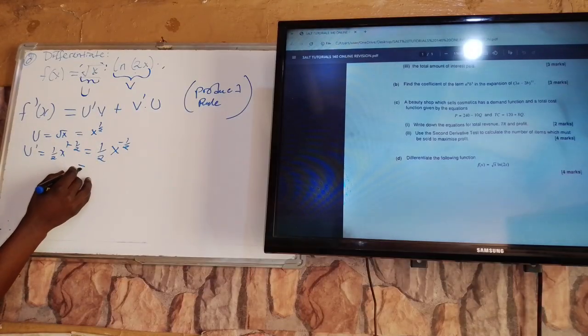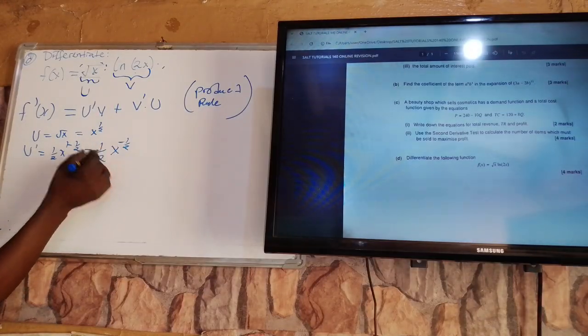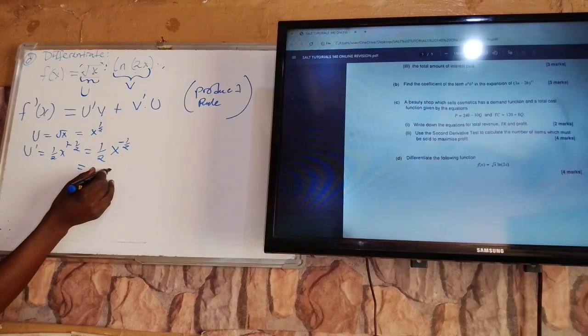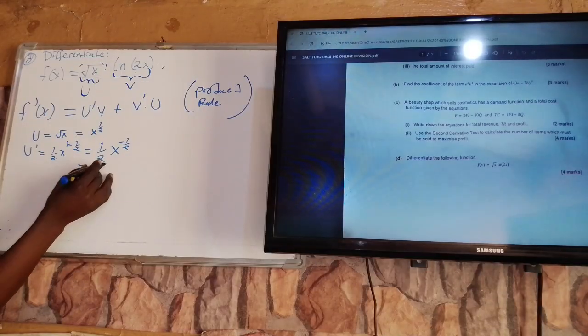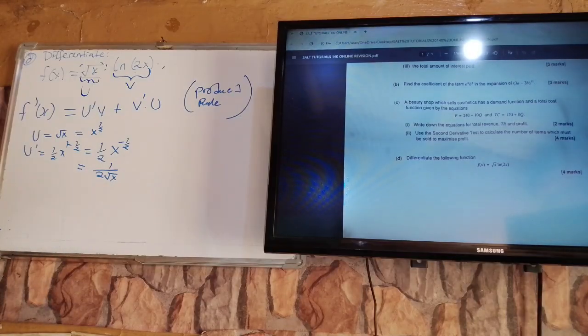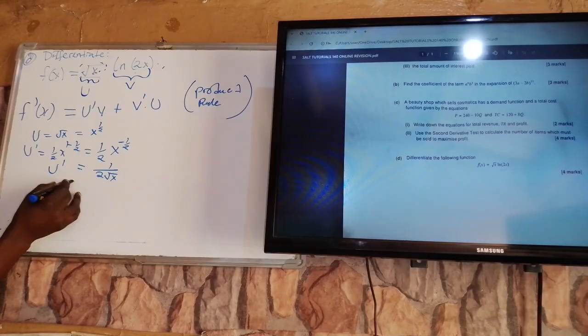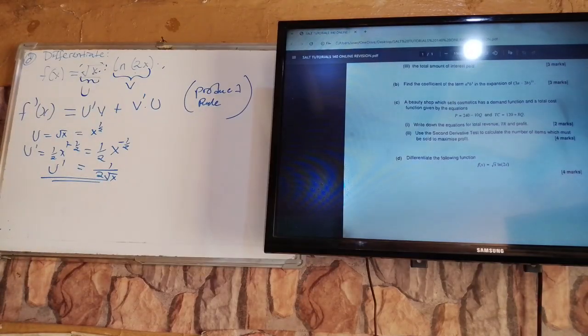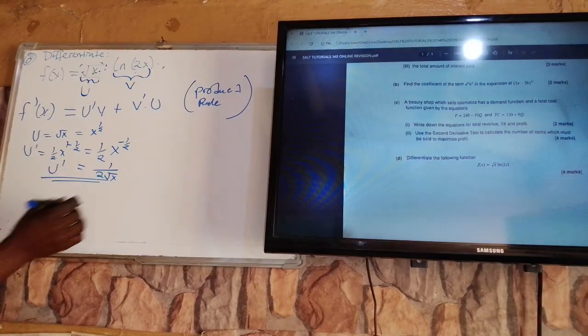And this can be written as what? The negative can be put in the denominator, so that we have 1 over 2 root x. So if you differentiate u, you are going to have your u prime equal to this guy.